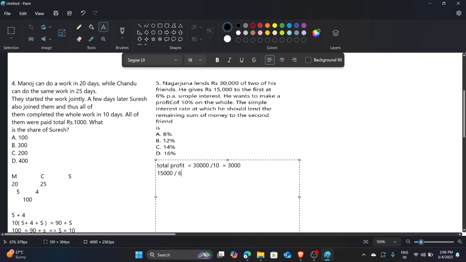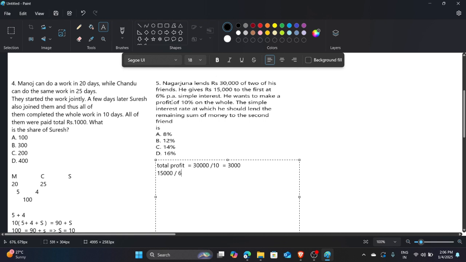So you can see that the 10% of the whole, sorry, 3,000 is the total profit he gets. He wants to make the profit of 10% on the whole. So the first part earns 6% simple interest.